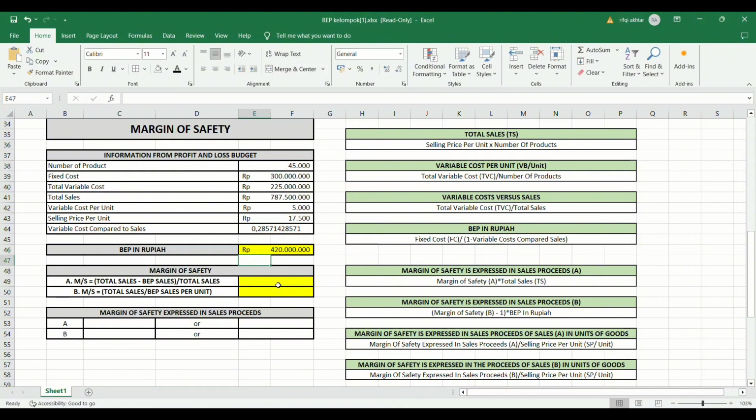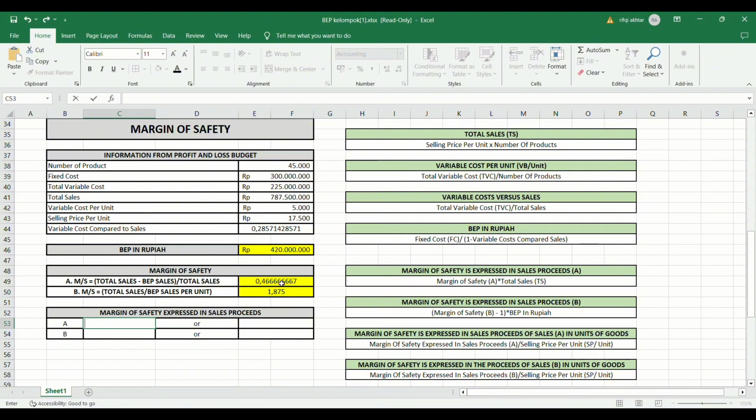And then next margin of safety, the formula is equal open bracket total sales minus break-even point in rupiah close bracket divided by total sales and then enter. Next is equal open bracket total sales divided by break-even point in rupiah close bracket and enter.